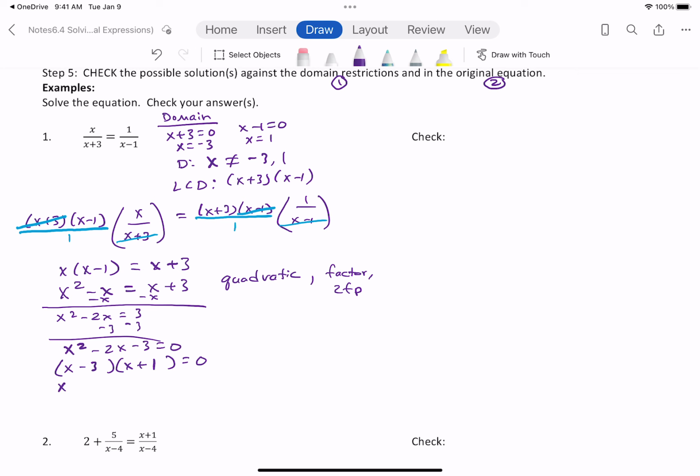And then we set each one of those factors equal to 0. So I get x equals 3, x equals negative 1. So remember now that these are my potential solutions.